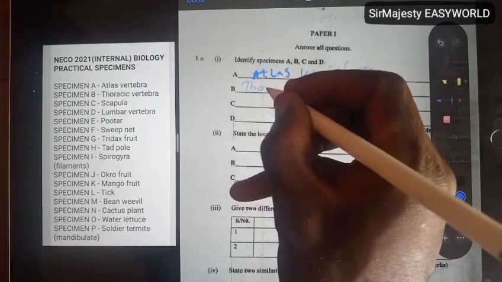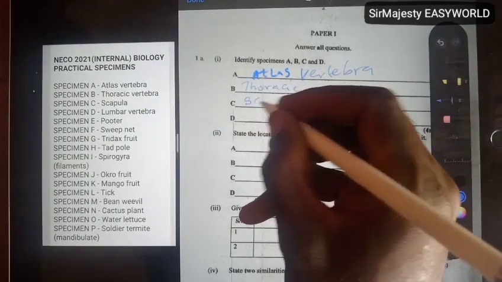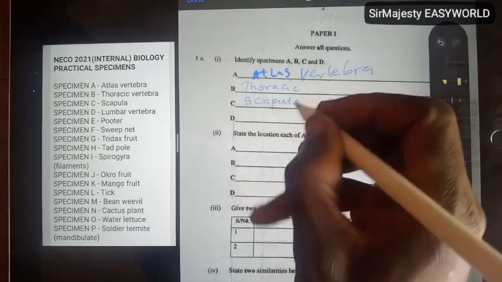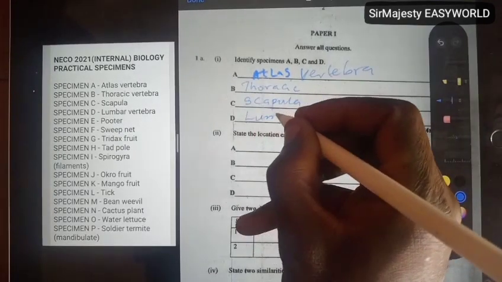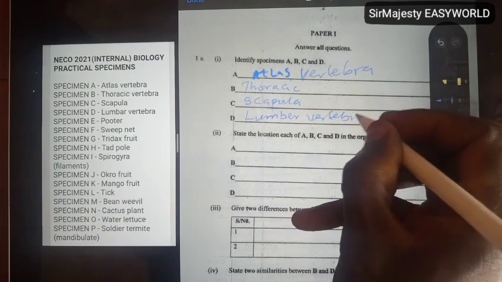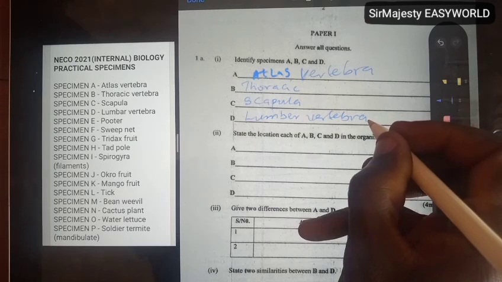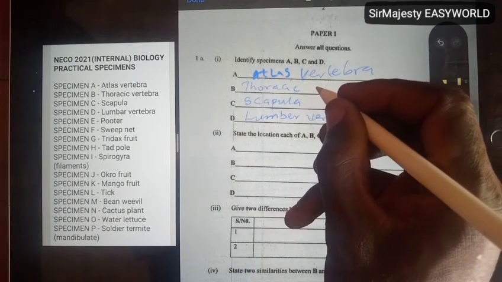Just write it, thoracic vertebra. Then specimen C is a scapula. Specimen D is lumbar vertebra. Vertebra is singular. When you put E, it becomes plural. That's vertebrae for more than one.